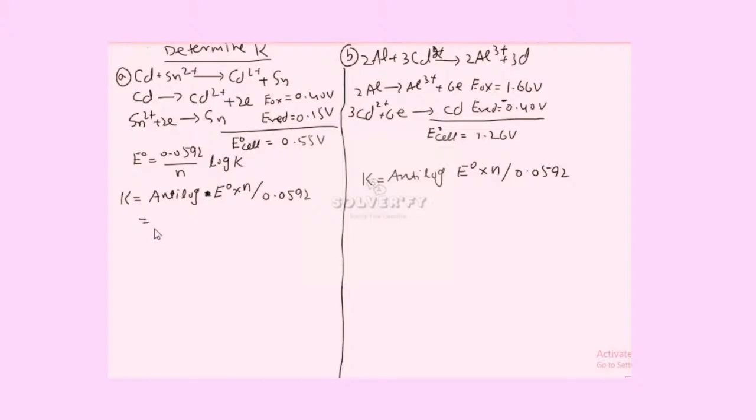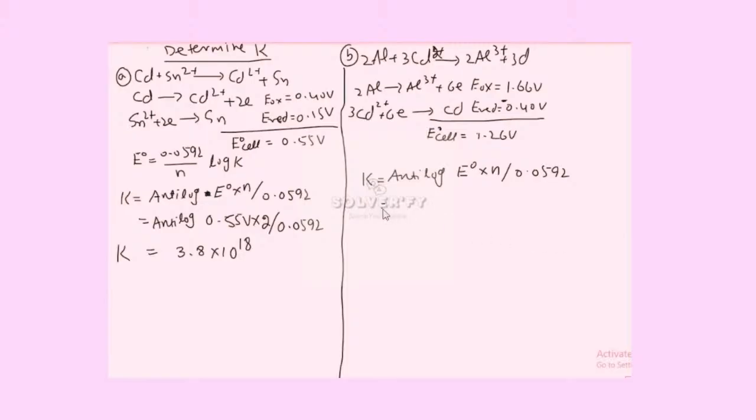Putting the value, antilog of E naught is 0.55 volt, where n is the number of electrons lost and gained, which is 2, divided by 0.0592. Calculating the value and then taking the antilog, we get the value of K, which is equal to 3.8 into 10 raised to the power 18.